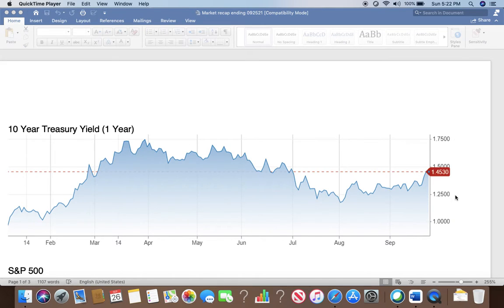So I just want to lay out this 1-year perspective of the 10-year Treasury yield for you to look at, to understand the relationship between the FOMC meeting, where Powell or Yellen talk about asset tapering and interest rates, and the stock market, and why every time a meeting is about to happen, there's always volatility.